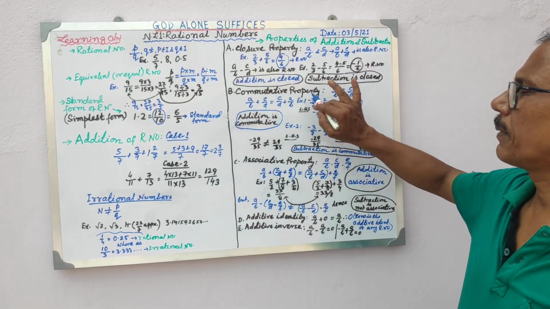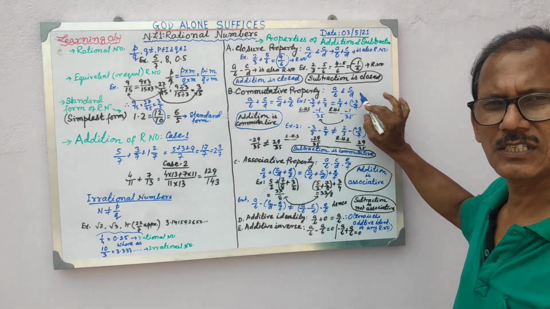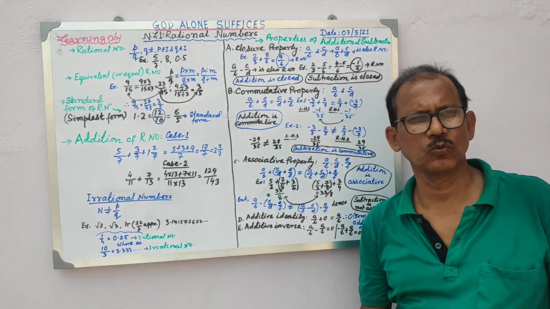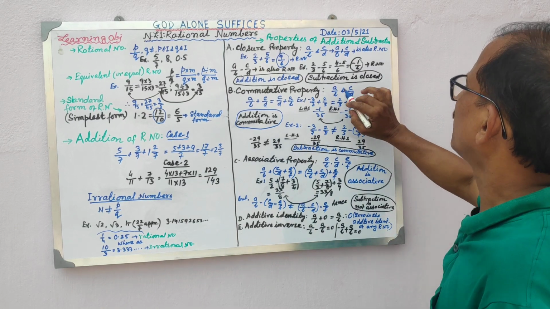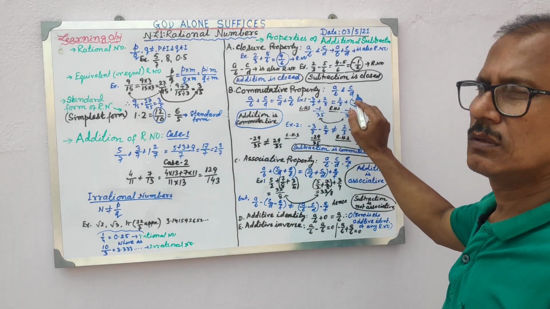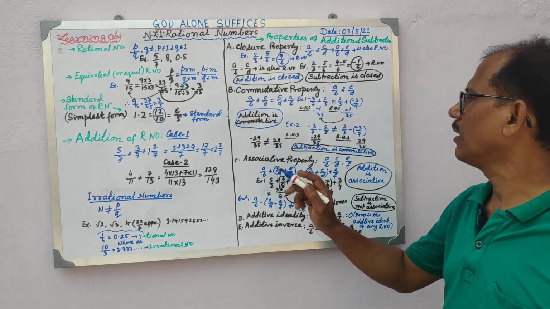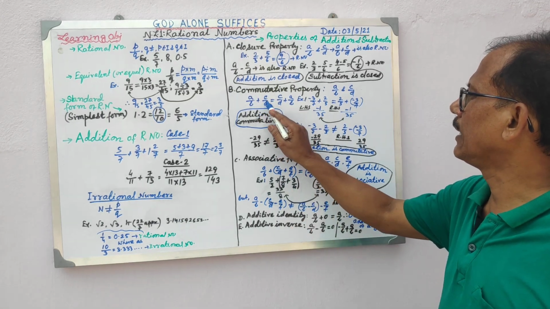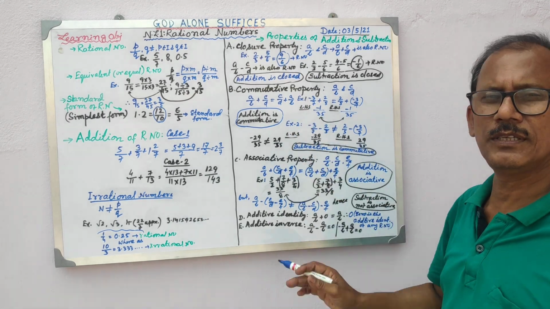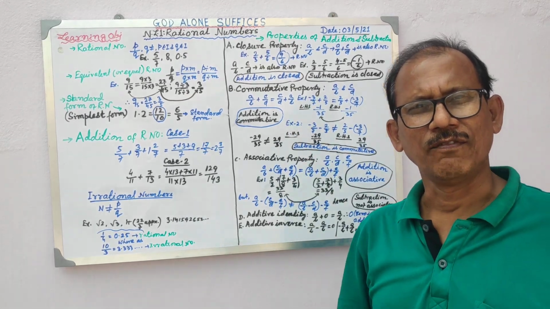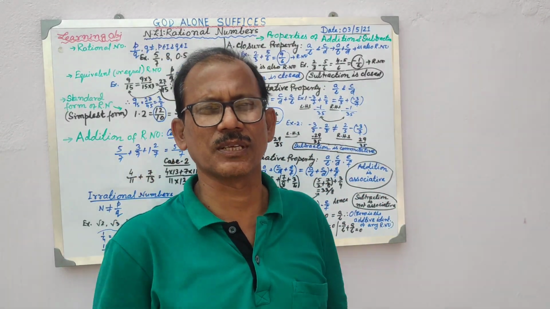So the commutative property of rational numbers: A by B and C by D, two rational numbers are there. If you take the sum of these two, A by B added to C by D, whatever the summation is, C by D added to A by B, the summation will be the same. I mean to say 5 plus 7 is always equal to 7 plus 5.